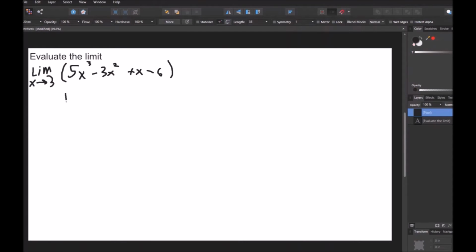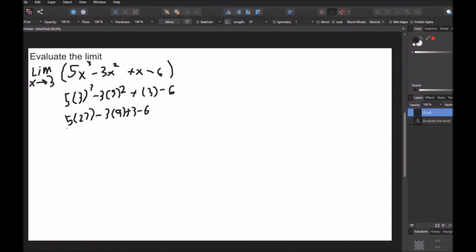So I'm going to just directly substitute the 3 wherever I see x. So I'm going to have 5 times 3 cubed minus 3 times 3 squared plus 3 minus 6. 3 cubed is 27, so I have 5 times 27 minus 3 times 9 plus 3 minus 6.